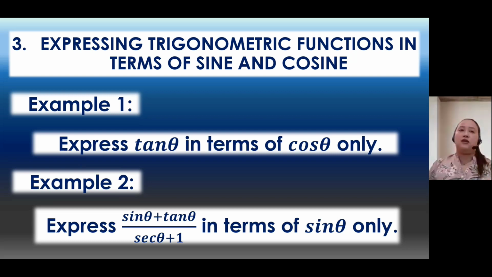But same with example number 1, the first thing that you need to do is to write all trigonometric functions in terms of sine and cosine. We can have sine theta or cosine theta or both, depending on the identity that you are going to use.